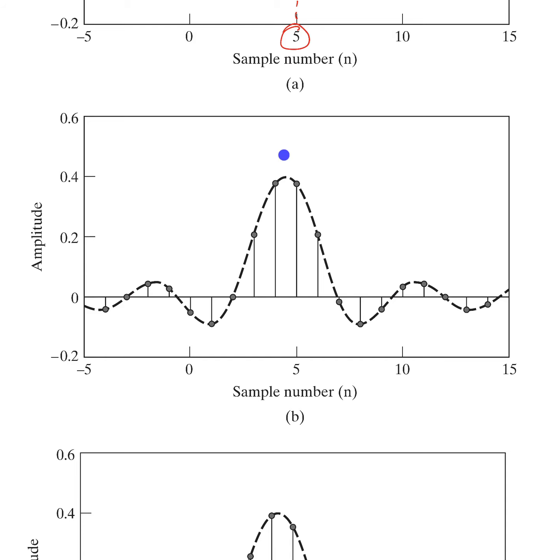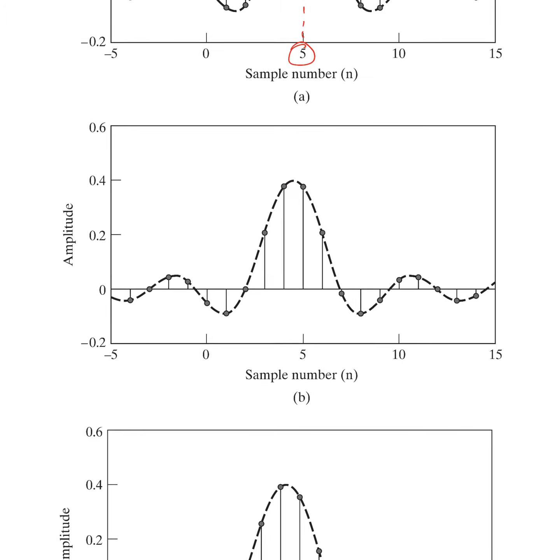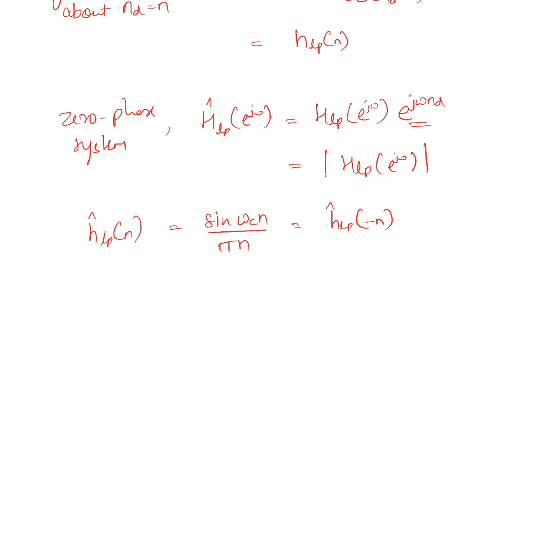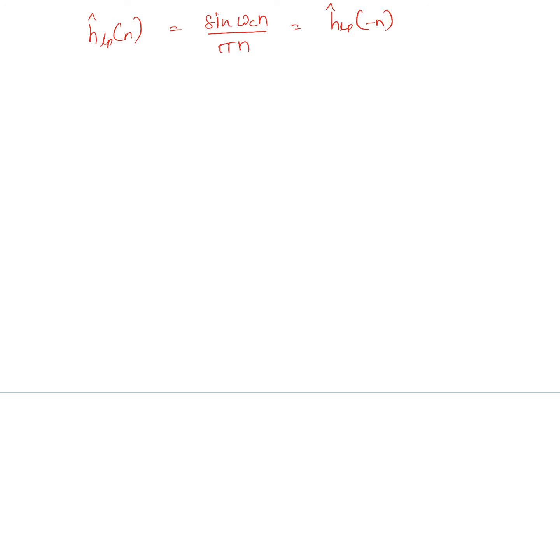Here we see some symmetry around this point of the impulse response. But this symmetry is not lying on an integer. So let's analyze this mathematically. This is for the second case.